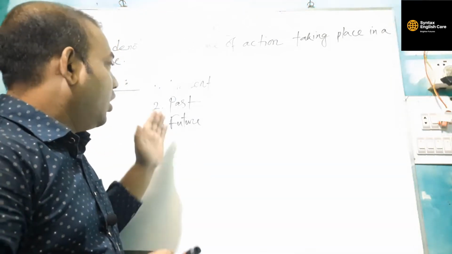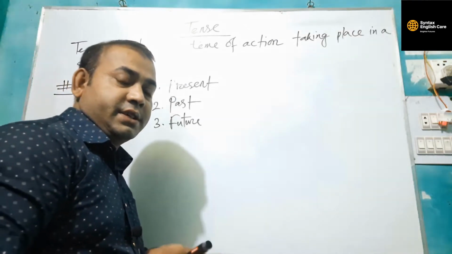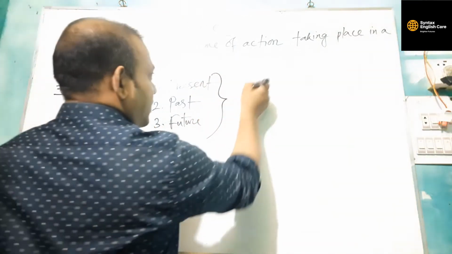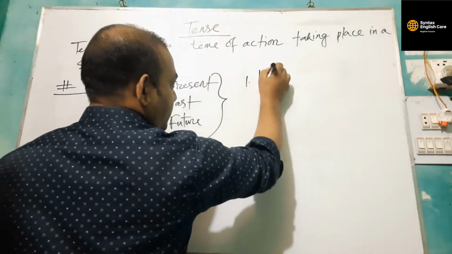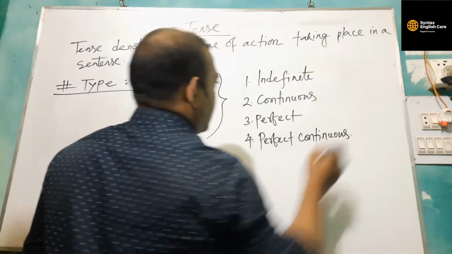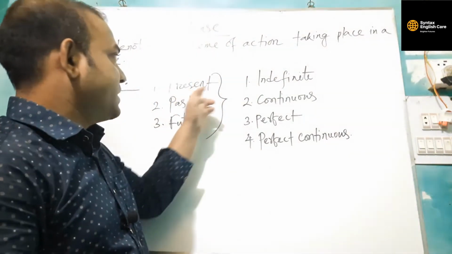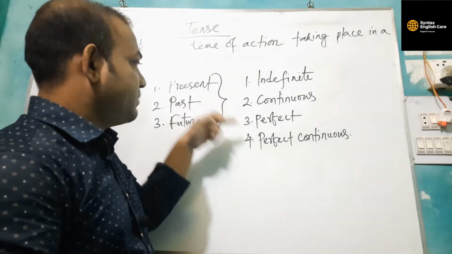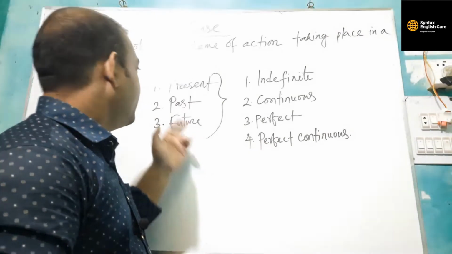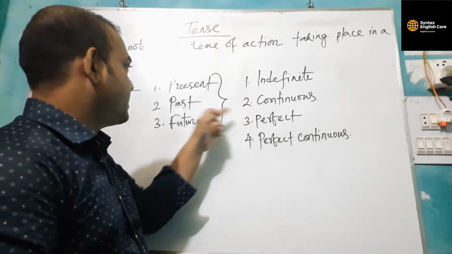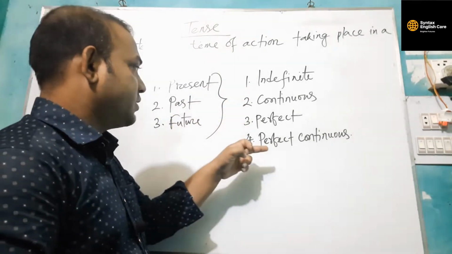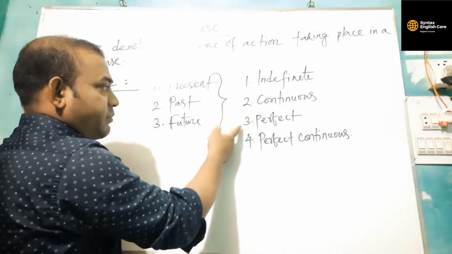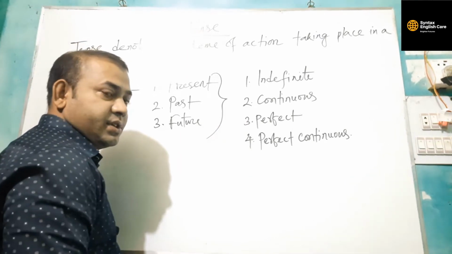And all of these groups are again divided into four types, like present indefinite, present continuous, present perfect, and present perfect continuous. And similarly, past indefinite, past continuous, past perfect, and past perfect continuous. And finally, future indefinite, future continuous, future perfect, and future perfect continuous. Okay.